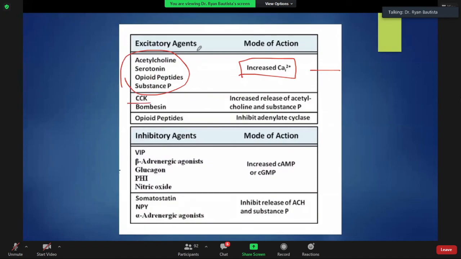CCK is also excitatory, released by acetylcholine, along with substance P and opioid peptides. What are the inhibitory agents? Of course, VIP, beta-adrenergic agonists, norepinephrine and epinephrine, somatostatin, and again alpha-adrenergic, also norepinephrine and epinephrine. Please take note of these inhibitory and excitatory agents.